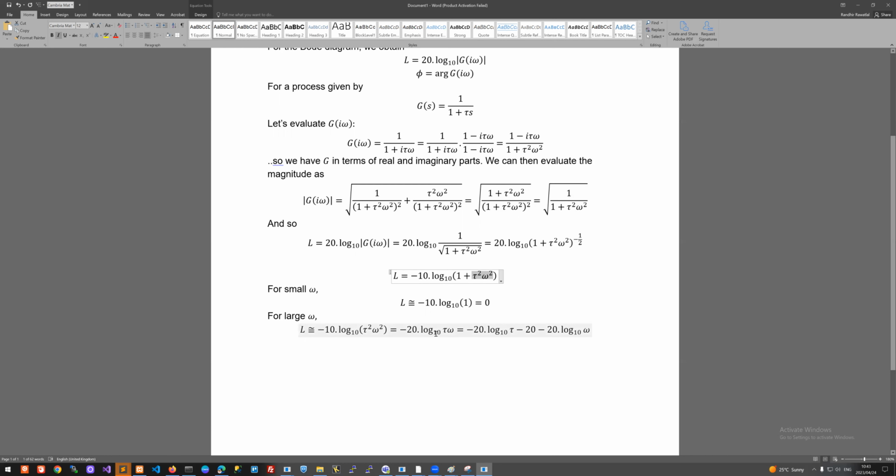So it's minus 20 log10 tau omega. And of course, omega is the thing that is varying, right? Tau is not changing. Tau is a process variable. Tau comes from our original process. We have no easy way to change that, at least from the perspective of control. So we assume that's not changing. But omega is changing because we are doing a series of experiments.